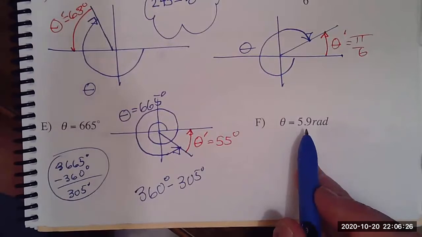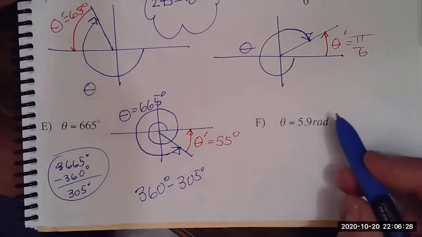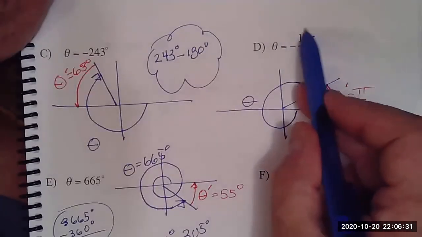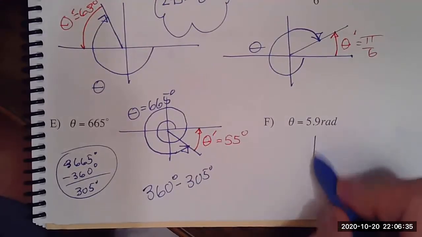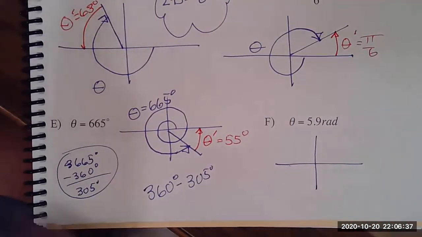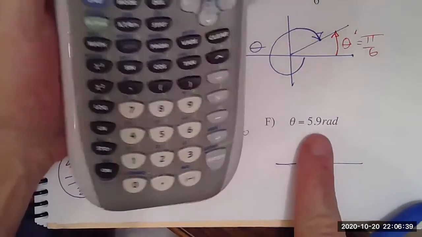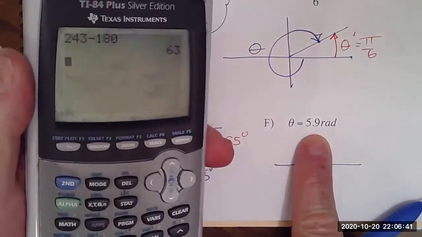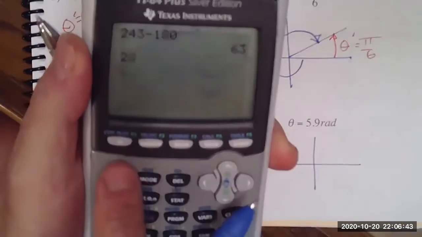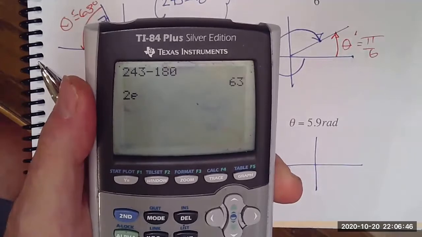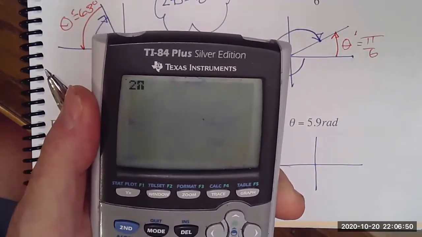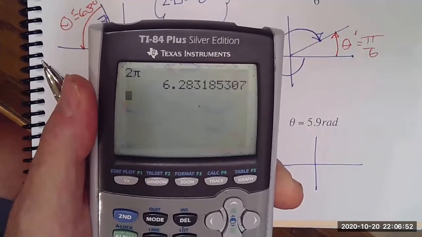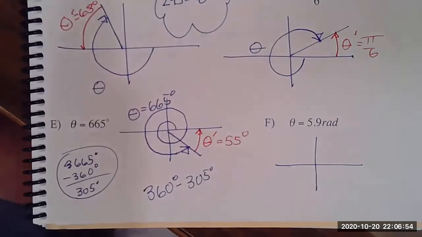And finally, 5.9 radians. This is a radian measure, but that's exact. So for a decimal approximation, what I would do is do 2 pi and see how close I am to 5.9. 2 pi is about 6.28.